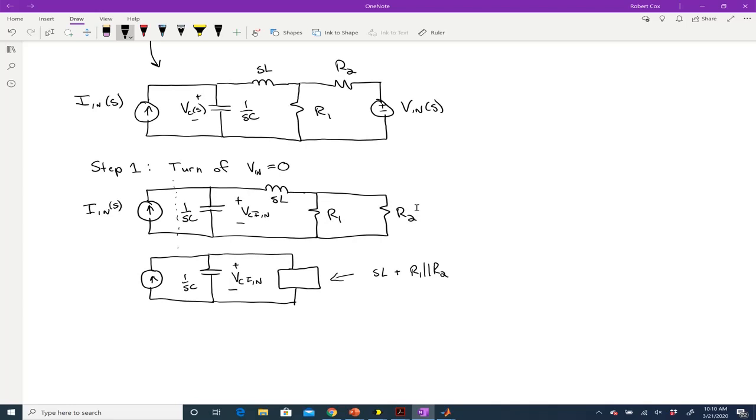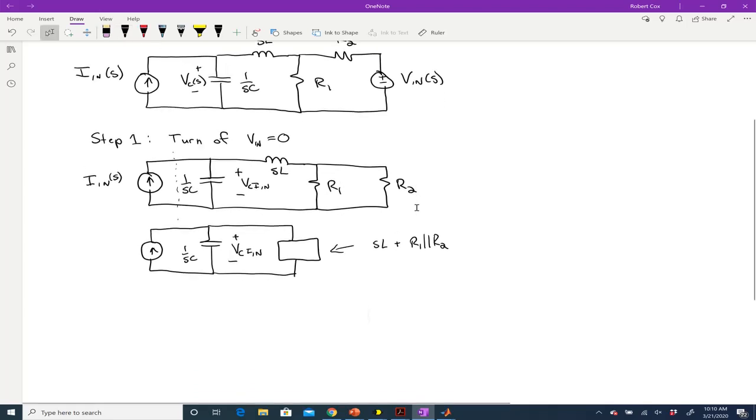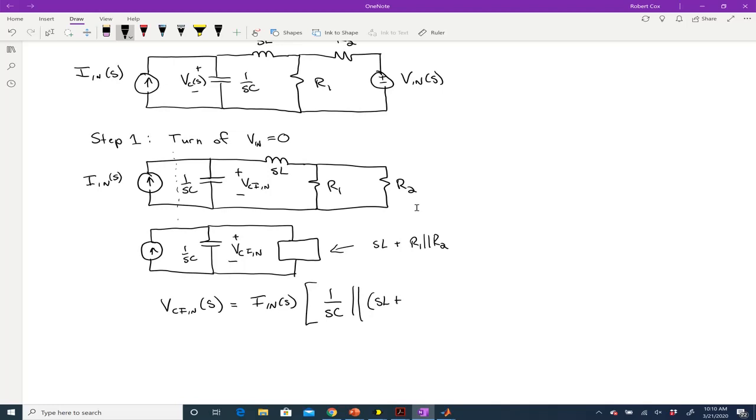So V sub C In of S has to be equal to In of S times this parallel combination: 1 over SC in parallel with SL plus R1 in parallel with R2.